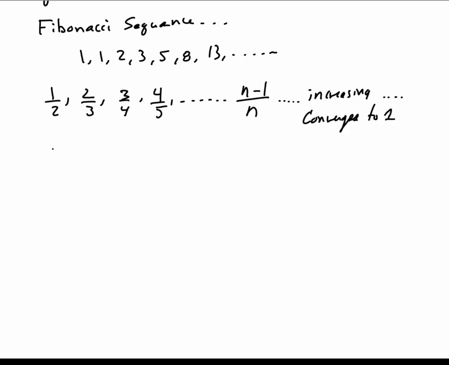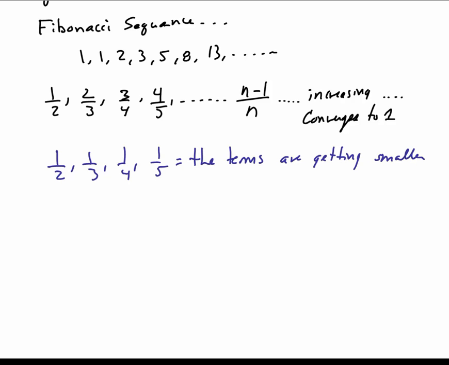We could also look at a sequence like 1/2, 1/3, 1/4, 1/5. The numerator is staying fixed. The denominator is getting larger and larger, so that means that this is getting smaller and smaller. So the terms are getting smaller. Although they constantly get smaller, they're not going to go below 0, because these are positive numbers.